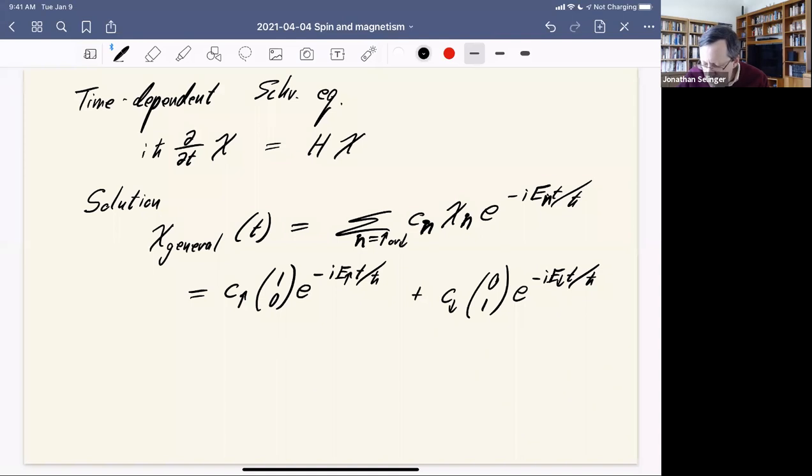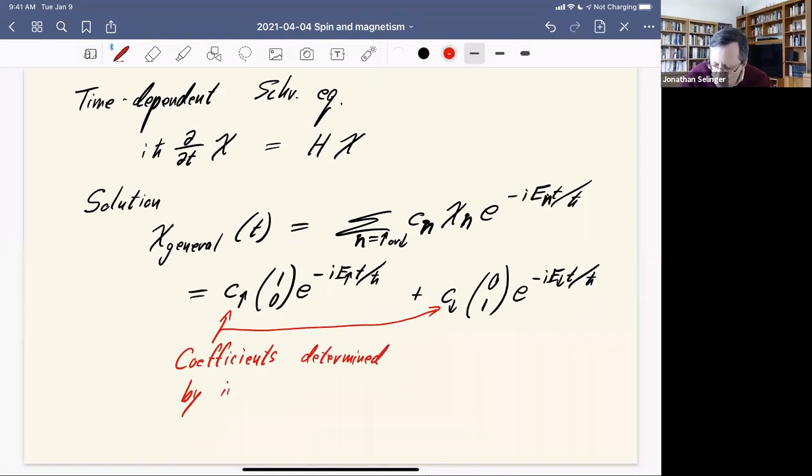So this is a time-dependent solution which has two arbitrary coefficients in it, here and there. So these are coefficients which are determined by the initial conditions, as they always are in this semester.